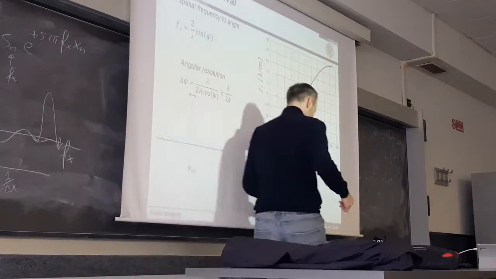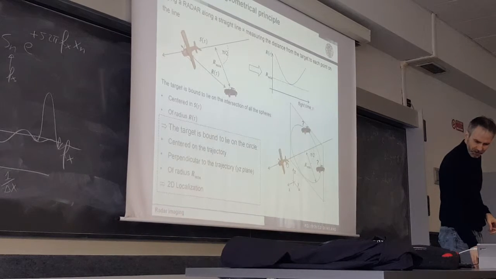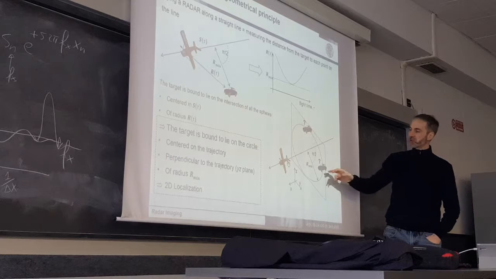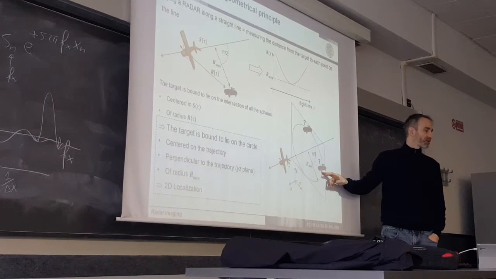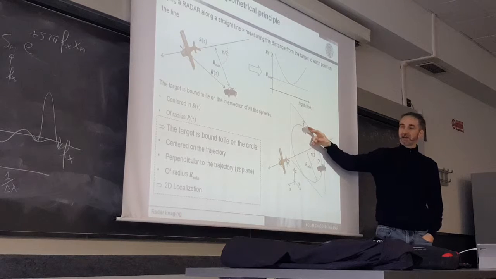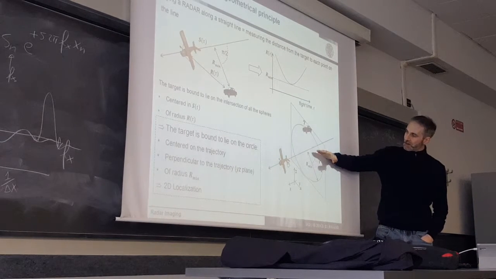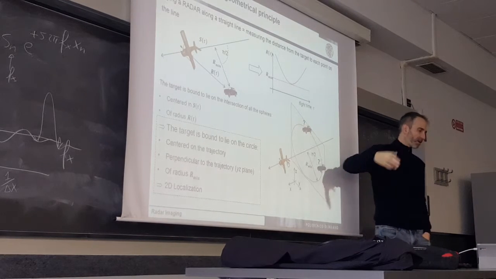So let's go back for a second. What we can do is to localize the target on this circle. So the target can be here, here, here, which also means that the target can be in a certain position or at the opposite position.